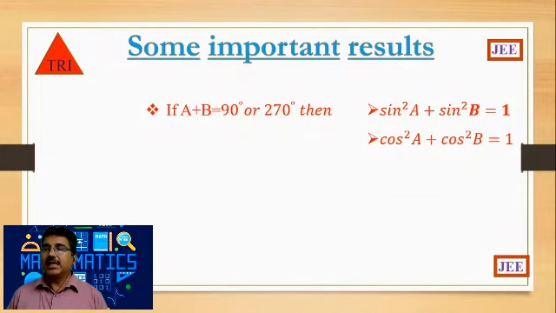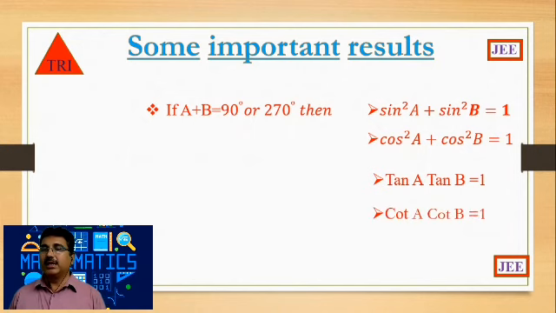But here, what is the value of tan A into tan B? That is equal to 1 when A plus B is equal to 90 degrees or 270 degrees. Similarly, cot A into cot B is also equal to 1 in this case. Very, very important results.